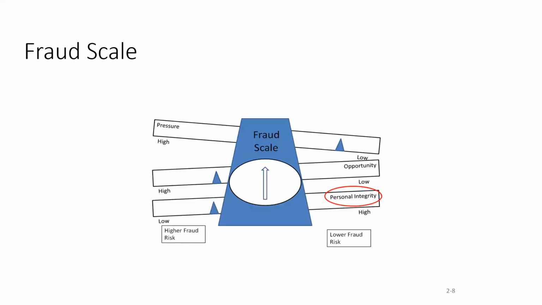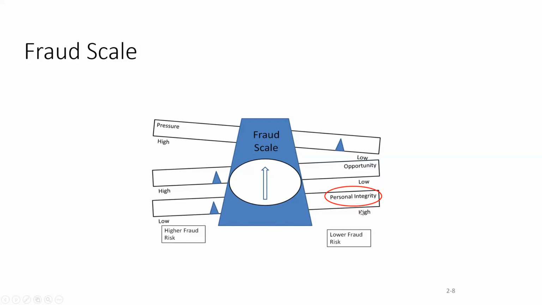So here we have an illustration of the fraud scale. This includes three components: pressure, opportunity, and personal integrity instead of that rationalization element. On one side we have higher fraud risk, and on the other side, lower fraud risk.